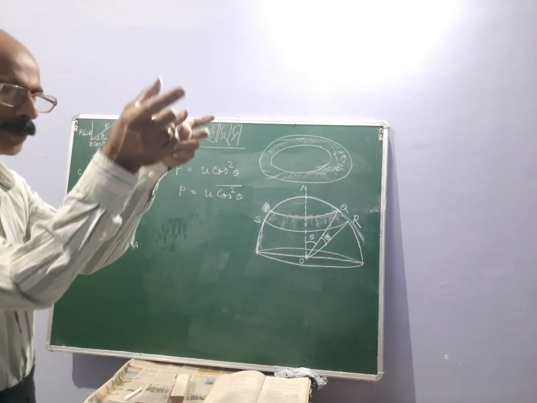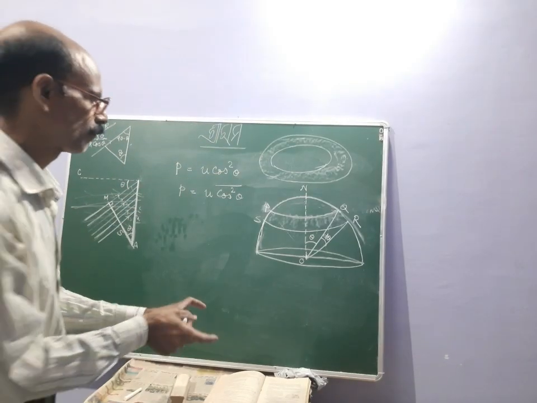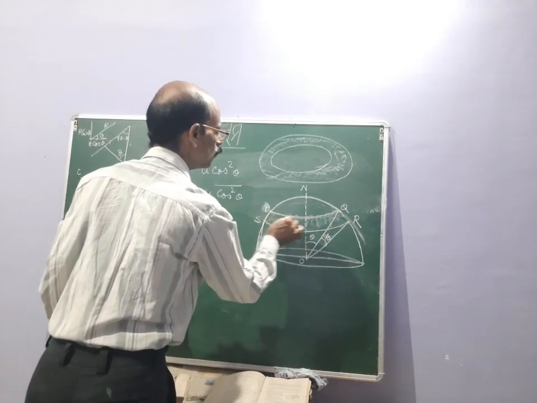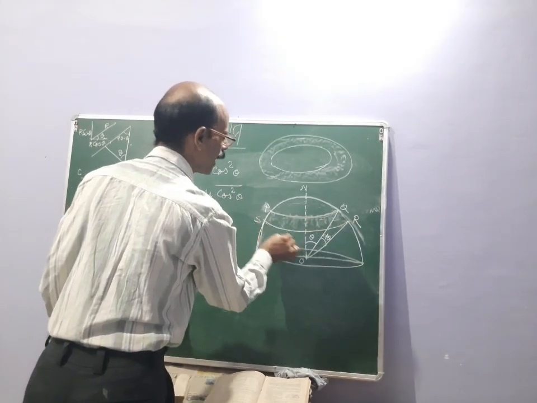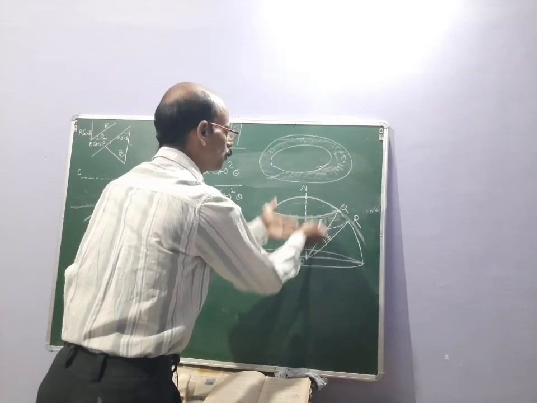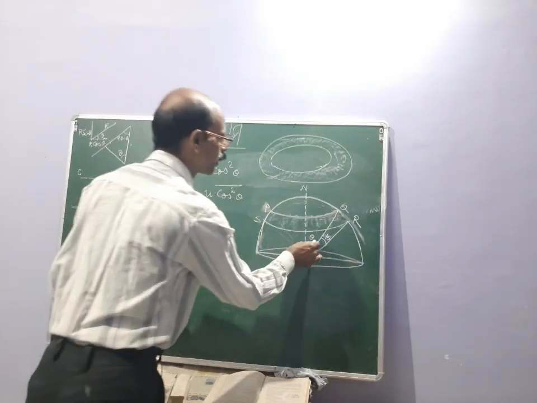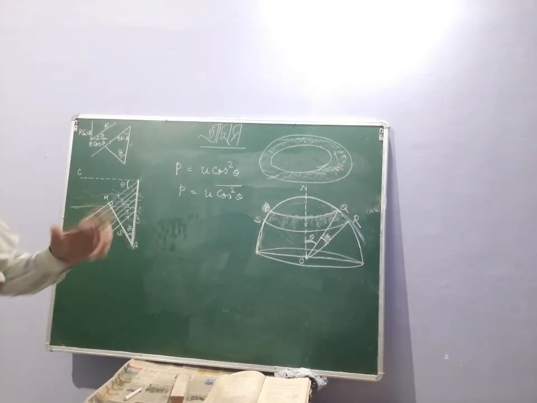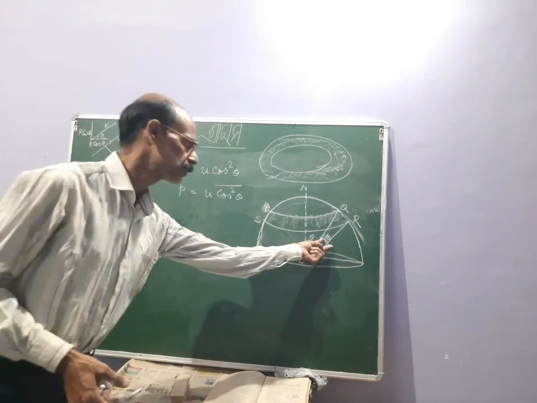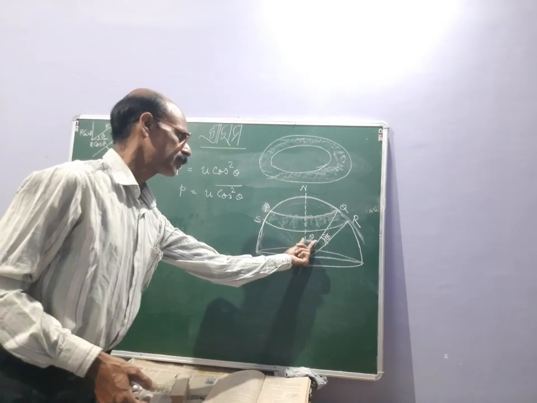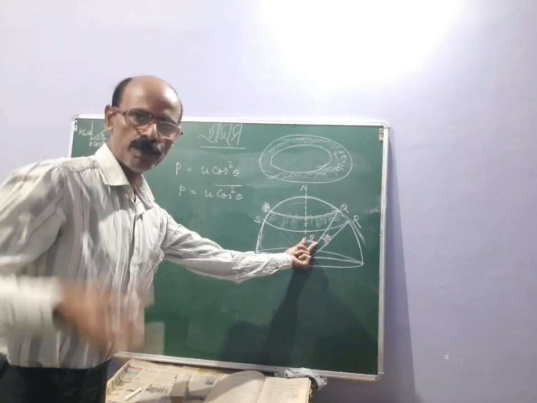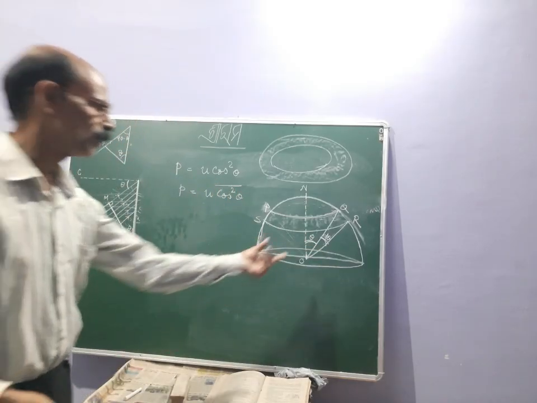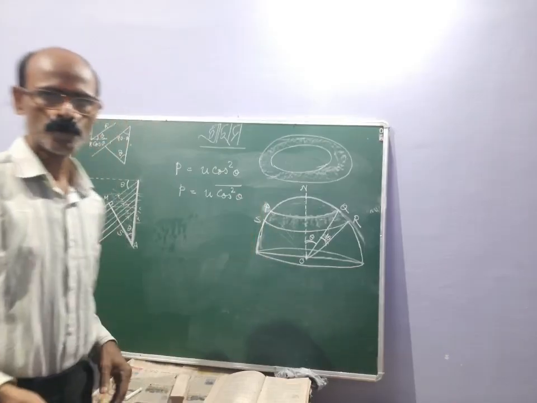So within this cone, the beam of radiation comes. Similarly, if I will consider this, then the beam of radiation comes within this cone. Therefore, I have taken theta and d theta. That means there are different possible directions. Therefore, suppose the direction in which a beam of rays comes with angle theta and another beam of rays comes with angle theta plus d theta.